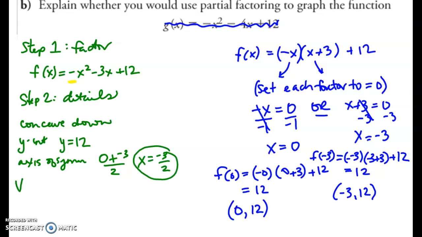So we know that the axis of symmetry is happening at x equals negative 3 over 2. Now just the vertex. So we know that the vertex lies right on the axis of symmetry. So we know it's going to have this x-coordinate. We can write that in here already. The x-coordinate is going to be negative 3 over 2, and that's right in the center of these 2 points, right? So that makes sense. What we don't know is how high that vertex is going to be. Like, what's the y value of it?